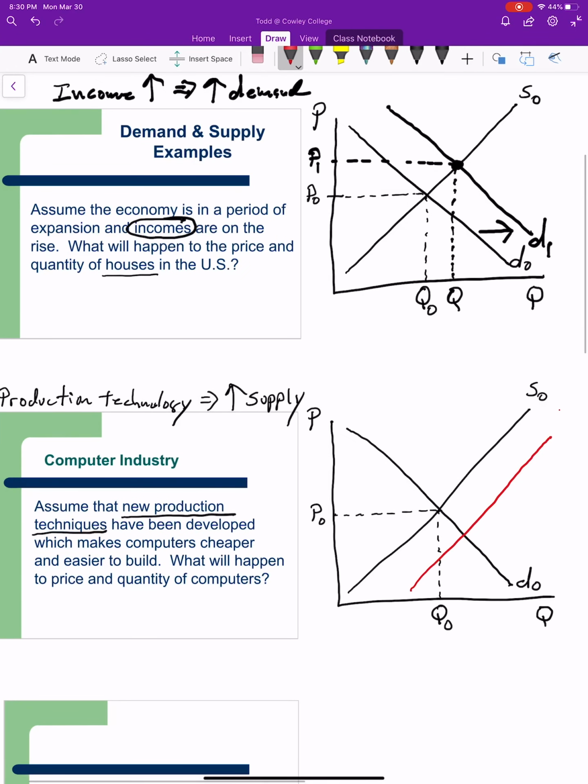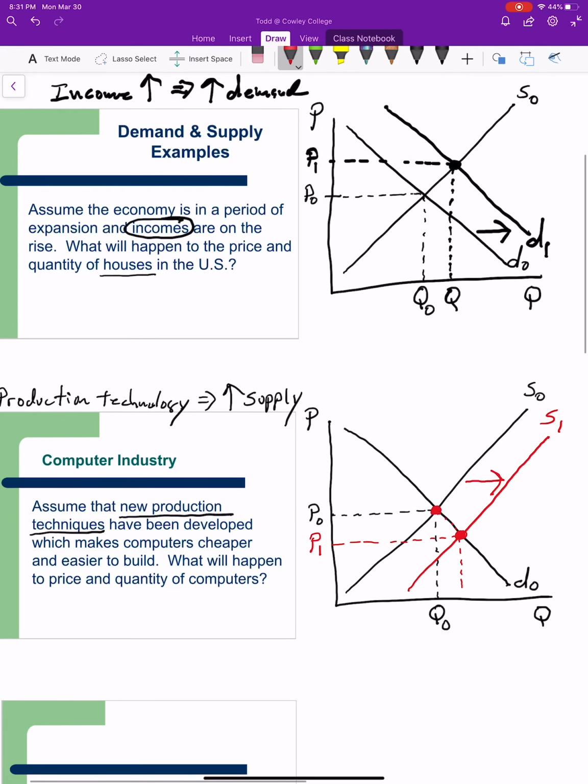So let's call it S1. We started out with an equilibrium here. As the supply curve shifted out, we went down and came to a new equilibrium right here. That means that our equilibrium price decreased in this market and the equilibrium quantity increased, Q1. And that would be the appropriate graph if you have an increase in production technology.